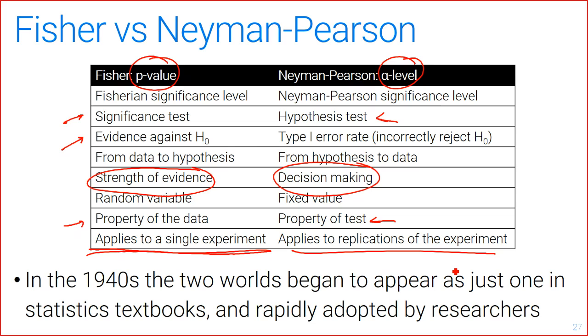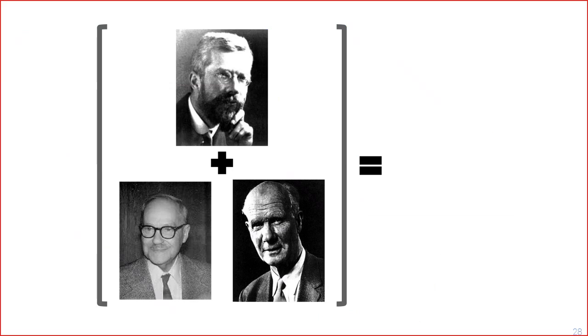And so there was a lot of debate, and they were actually having these fights, the three of them. But in the 1940s, they were kind of merged together in statistical books. And then this new paradigm was kind of adopted by researchers around the planet. And what happened is that we put together Fisher, Neyman, and Pearson, and for some reason in the textbooks, they started to put them together.